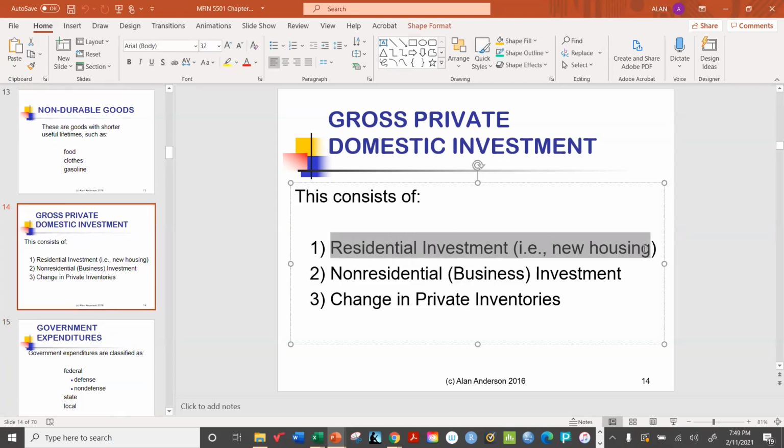So do you think that's a good idea? Does it make sense to you? Isn't it really a consumer good? Yeah, I would say so. Yeah, I mean, when you think about it, a house is meant to last a lifetime, isn't it? Even beyond. It's dreadfully expensive, but it's a terrific investment too.